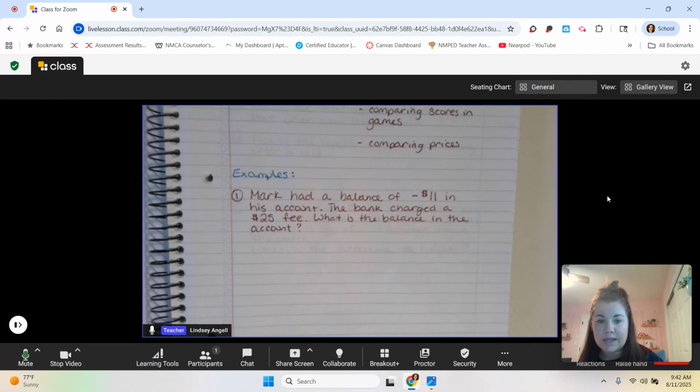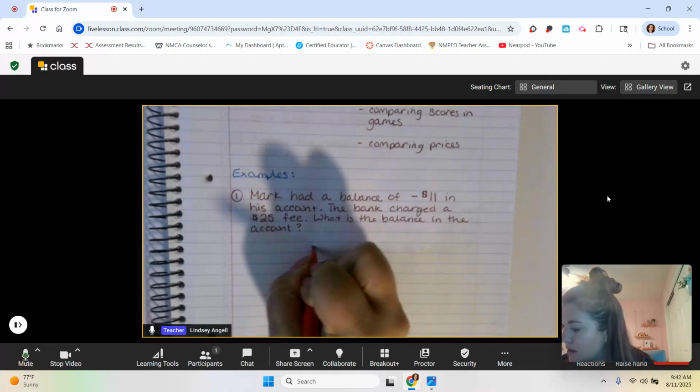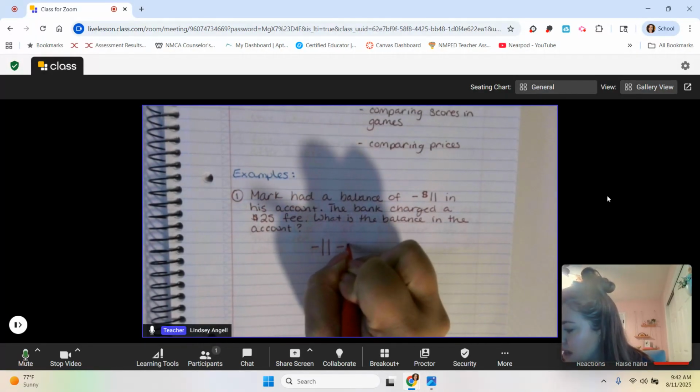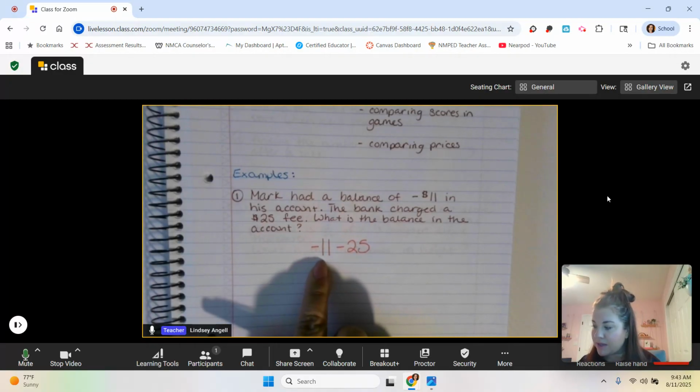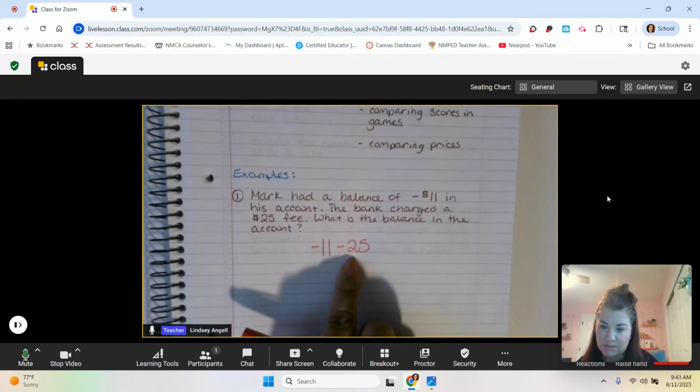So let's see here. He was at negative 11, and now they charged him $25 more than that. So we could say he's at negative $11 minus $25 more dollars. Hopefully by now we've practiced this enough that you recognize we're actually combining those. He's at negative 11 and they charged him that much more, so how much does he owe them all together?